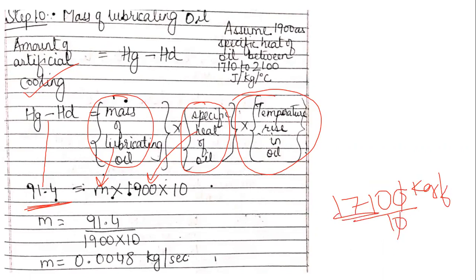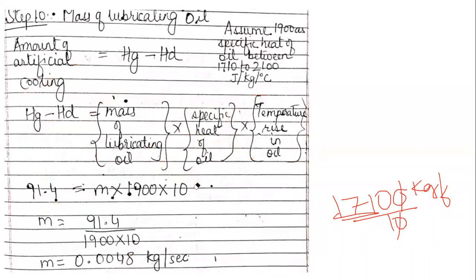But when the specific heat value is not given, at that time you should select. Here it is given, so I'm putting 1900. Temperature rise in oil, that 10 degrees C is also given in our numerical. So M is the unknown value. I can find out as 0.0048 kg per second. Mass unit is in kilograms, so kilogram per second value we found out as 0.0048. This is the end of the numerical.